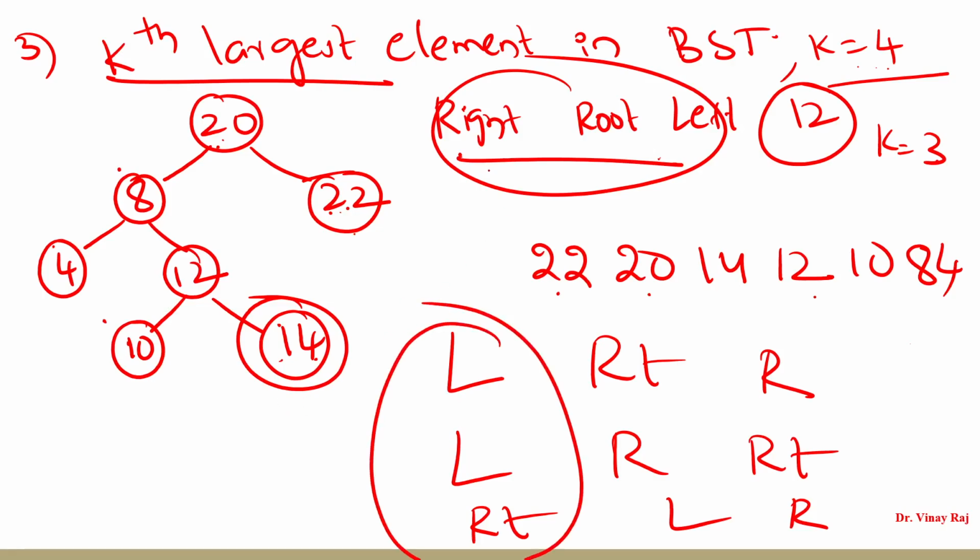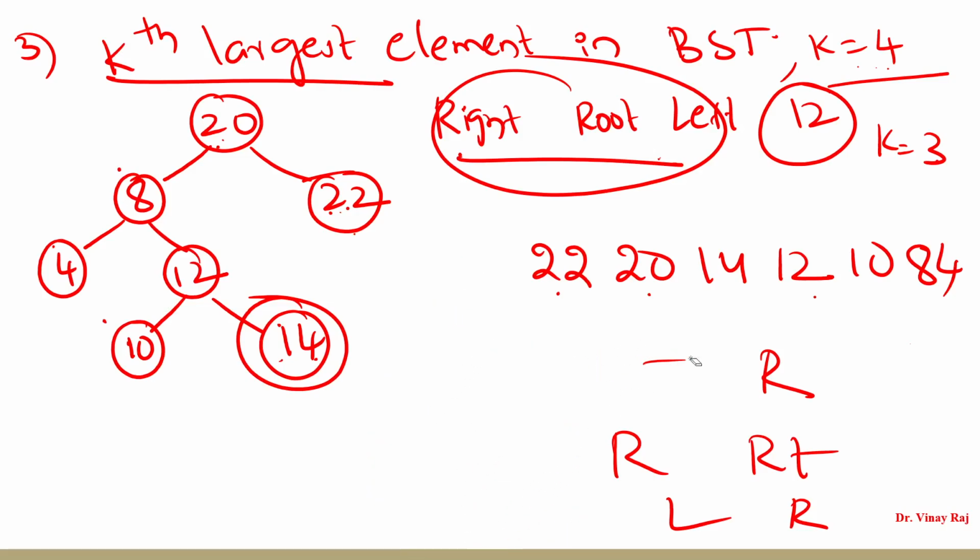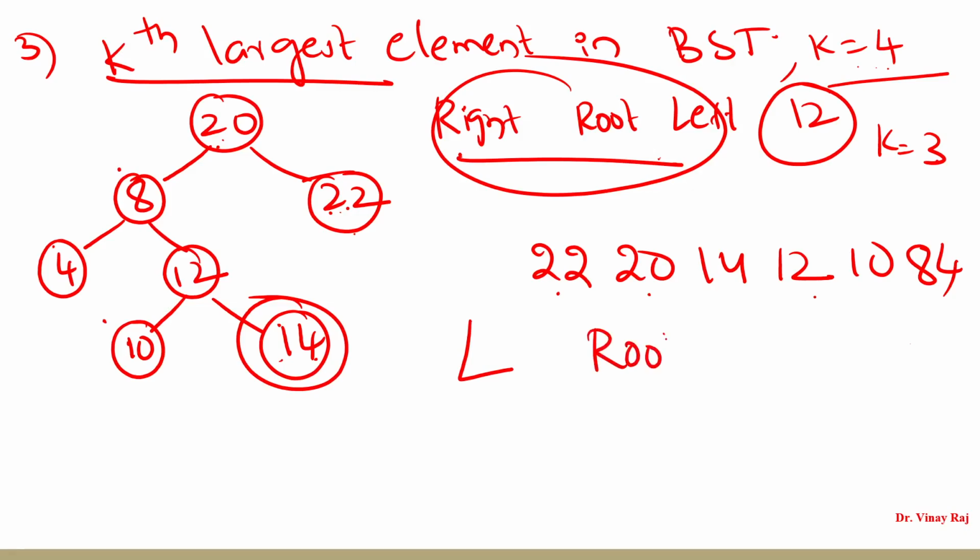Now with this logic you should also be able to solve the kth smallest element. For the kth smallest element, left, root, right is enough. Traverse it in that way. You first do 4, there is nothing left and right, so left is done, then go for the root, then go for the right.